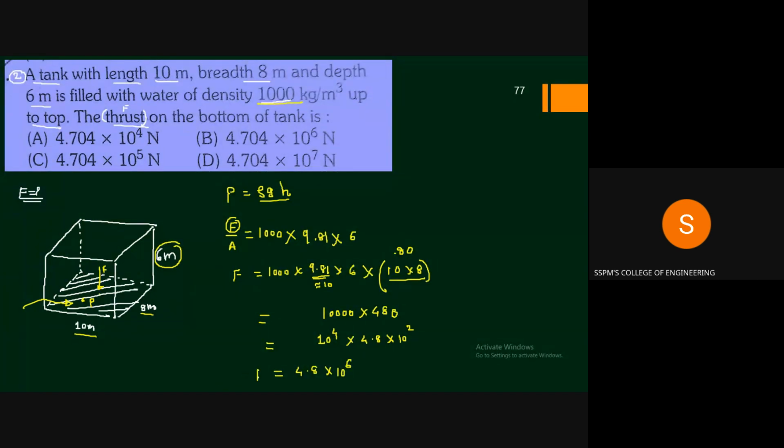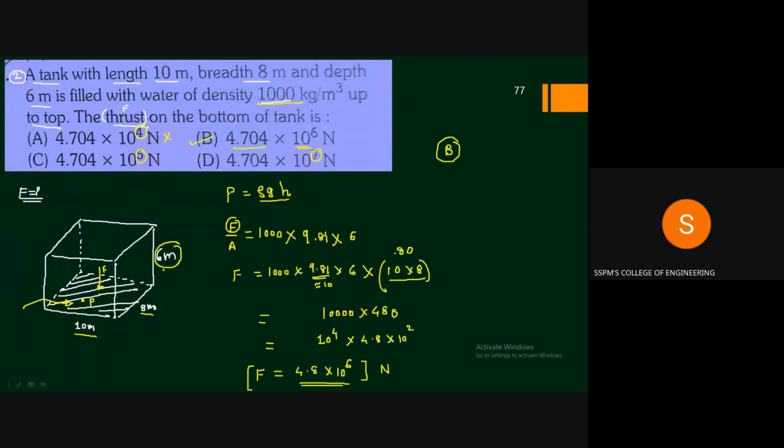Okay, so this is the value of force, and the unit will be Newton. Okay, so just check the answer which is near to the final answer. The correct answer is 4.7 into 10 to the power 6. If you refer to the remaining options, this is 10 to the power 4, this is not the correct answer, this is 10 to the power 5, this is 10 to the power 7. Okay, so the correct option is option B.